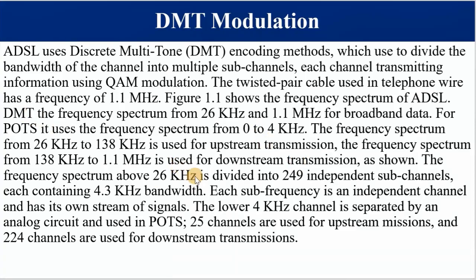The frequency spectrum above 26 kilohertz is going to be divided into 249 independent sub-channels. I think this has been covered in the previous slide. We saw 25 channels for the upstream and 224 for the downstream.